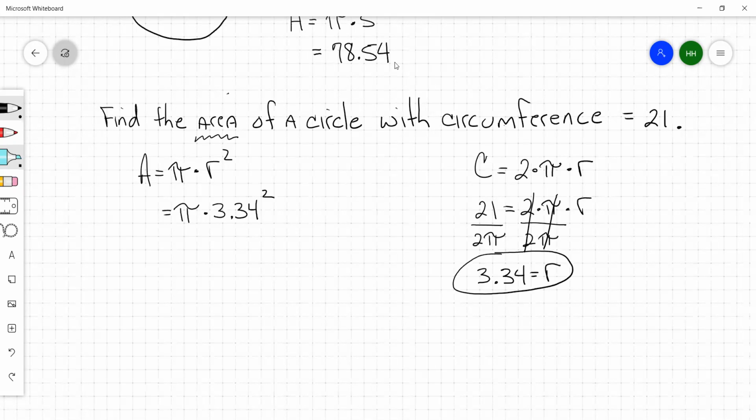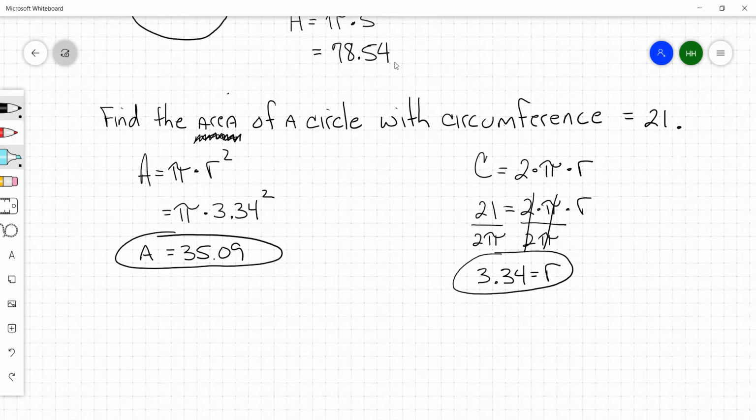And we get our area equal to 35.09. All right, so that's area of a circle when you are given the radius indirectly. You are given the radius in the circumference.